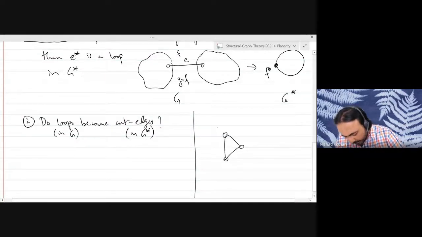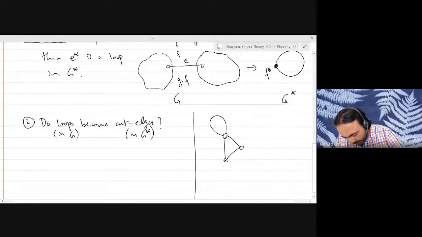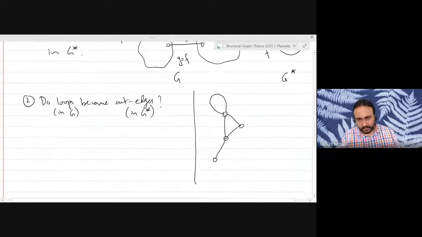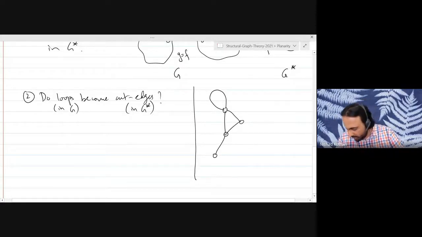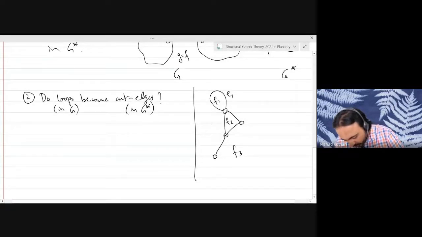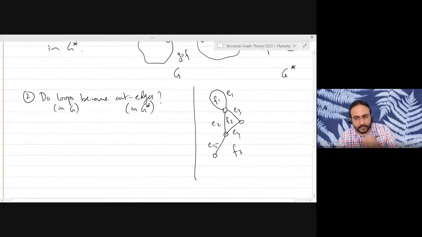Suppose I take this graph, which has one loop and one cut edge. Let's say we have the faces F1, F2, and F3, and we have these edges E1, E2, E3, E4, and E5. Right, so what happens in the dual graph?